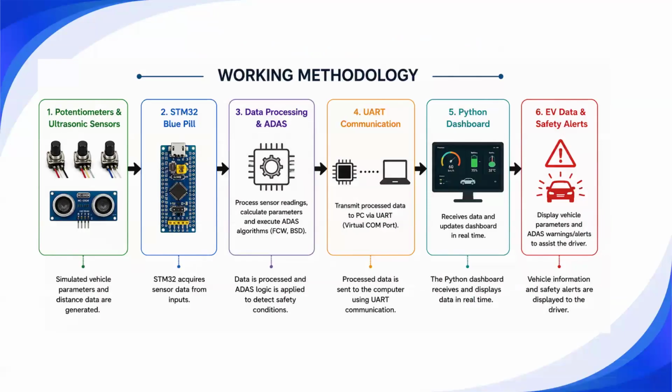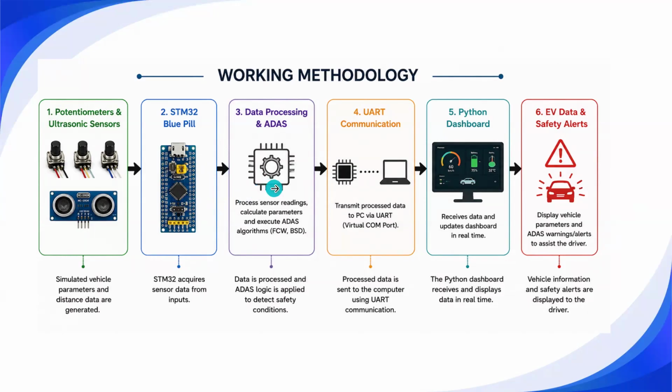Coming to the working methodology, the project follows a sequential workflow. Initially, potentiometers simulate vehicle parameters while ultrasonic sensors continuously detect nearby obstacles. Next, STM32 acquires these inputs and processes them according to predefined algorithms. The ADAS logic determines whether the warning conditions exist or not.